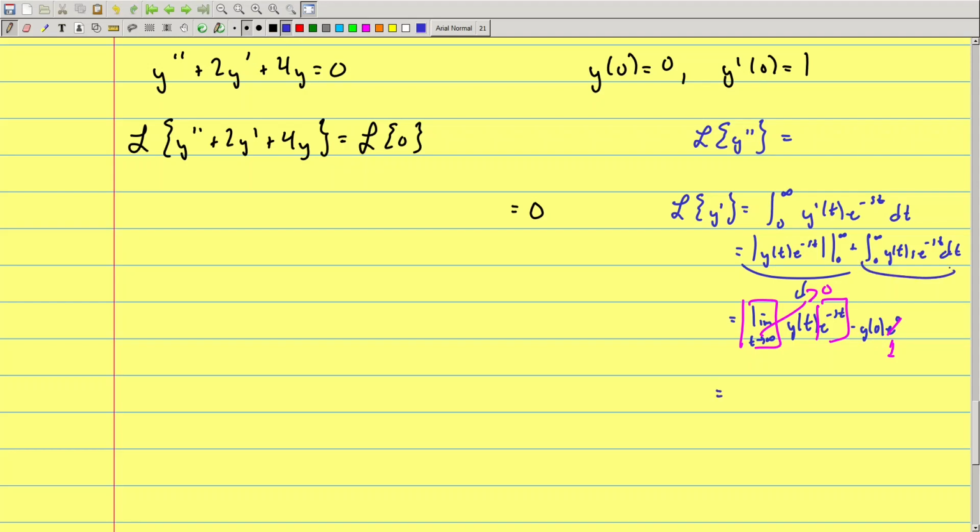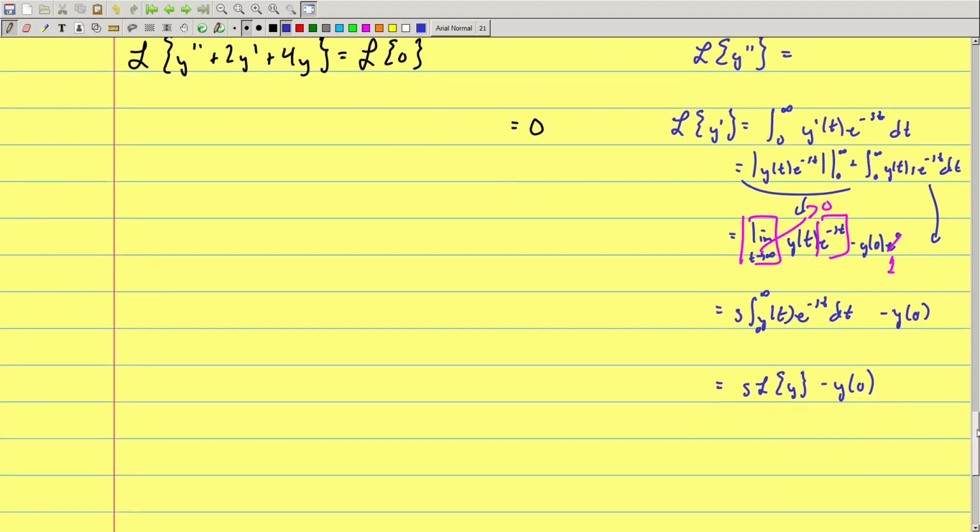And then this thing is just s times this, which we can rewrite because this part right here is just the Laplace transform of the original function y.